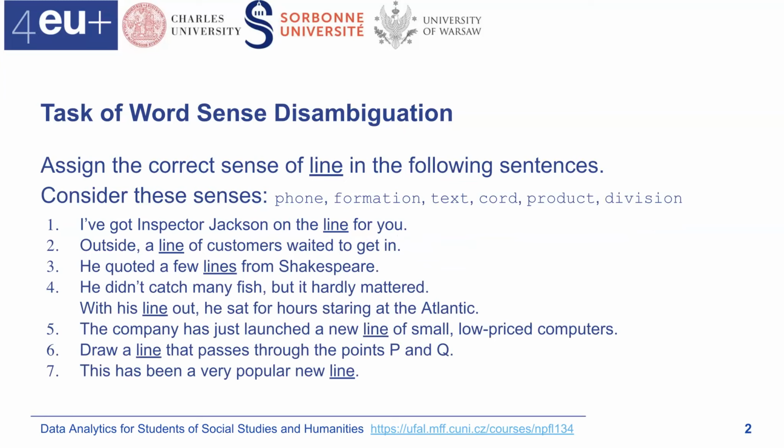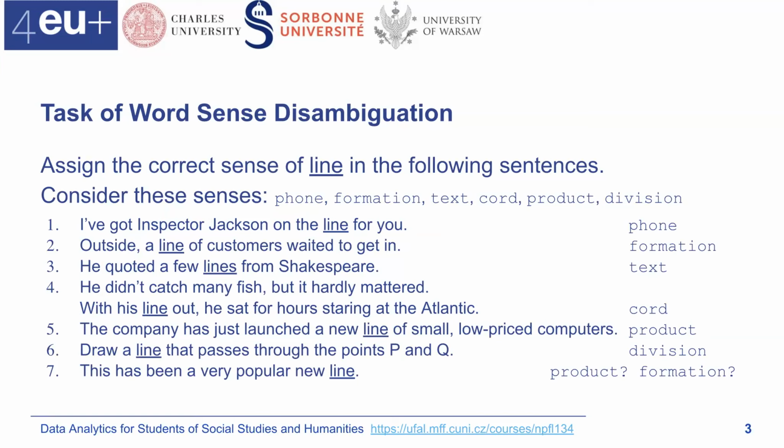Then, outside, a line of customers waited to get in. Then, he quoted a few lines from Shakespeare. And your task is to assign the correct sense of line in these sentences. You can do it on your own, and here on the right, you can read the senses that I've assigned.